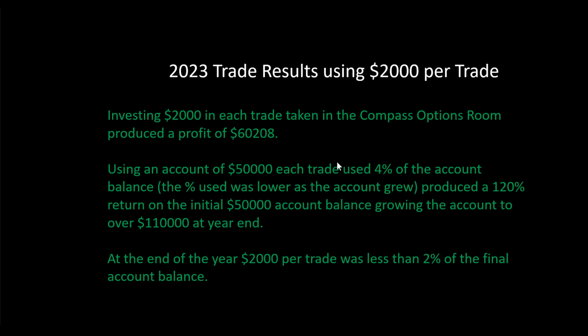You'd be initially putting 4% of your account into each trade. As the year went on, of course, that $2,000 in each trade would become a smaller and smaller percentage of your account. By the end of the year, $2,000 invested in each trade is less than 2% of the final balance, as the account grew from $50,000 to $110,000.